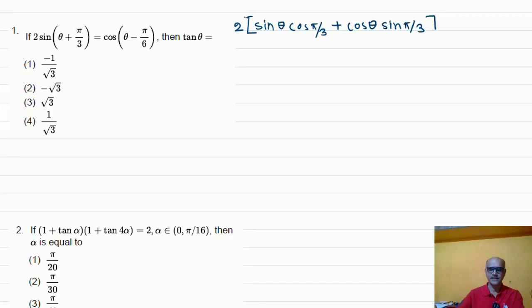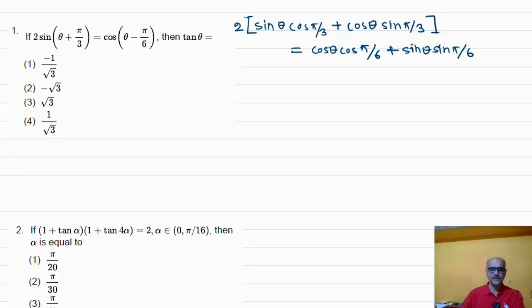This is the LHS, which is equal to cos theta into cos pi by 6 plus sin theta into sin pi by 6. So I applied the formula on both LHS and RHS.